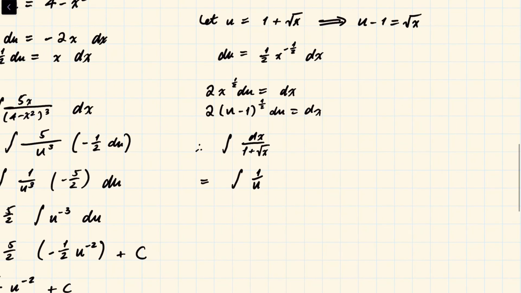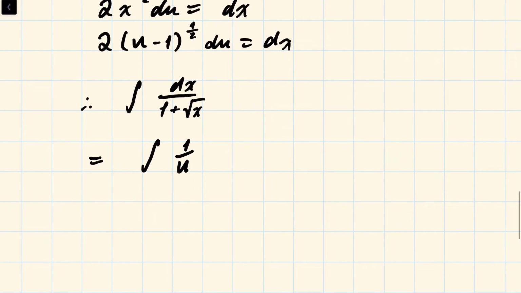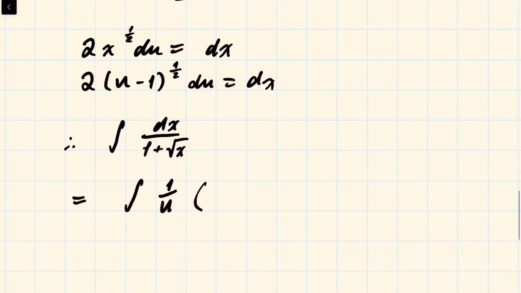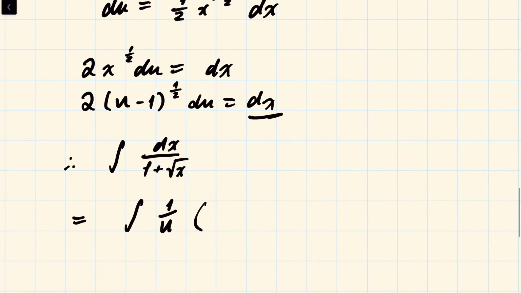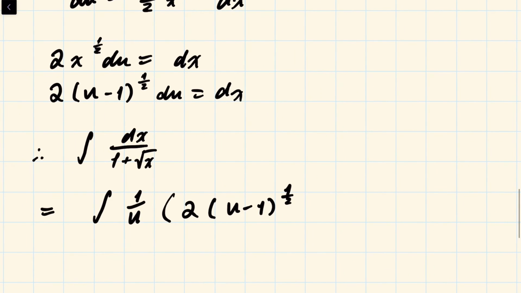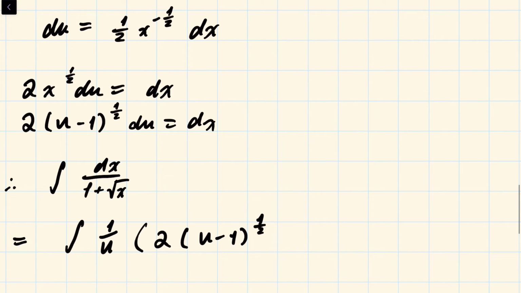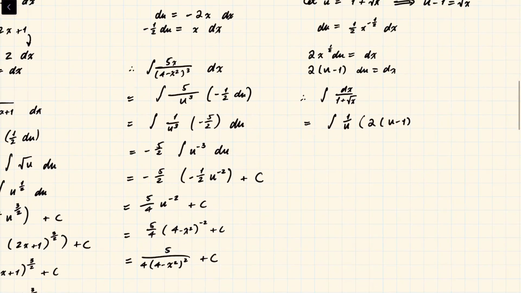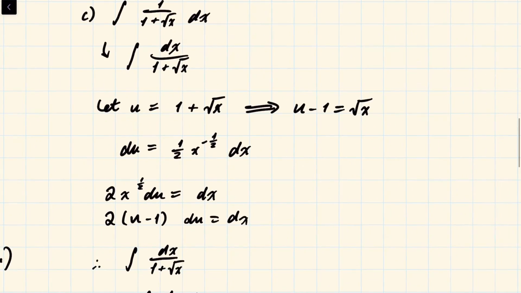So we're going to write in what we found to be dx. We're going to sub that in for dx, right? So that's 2 u minus 1 all to the half. Actually, it's no longer to the half because we said that it's equal to root x, right?